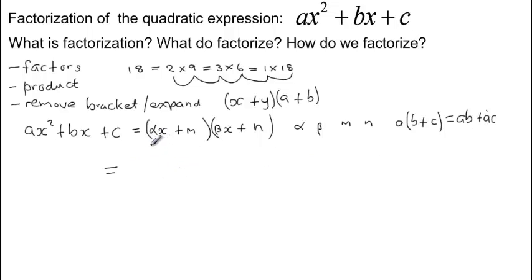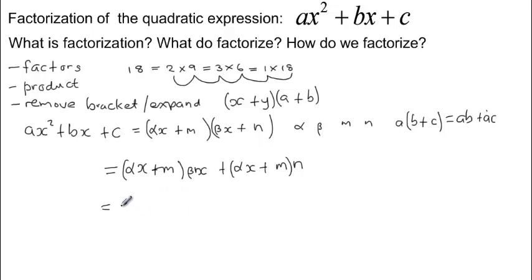So now, taking our first bracket to play the role of A there, we're going to write alpha x plus m times beta x plus alpha x plus m multiplied by n.